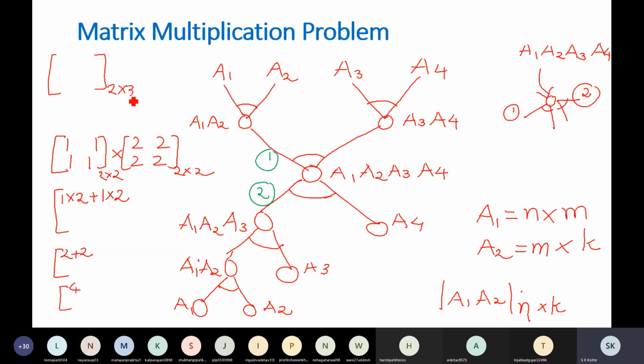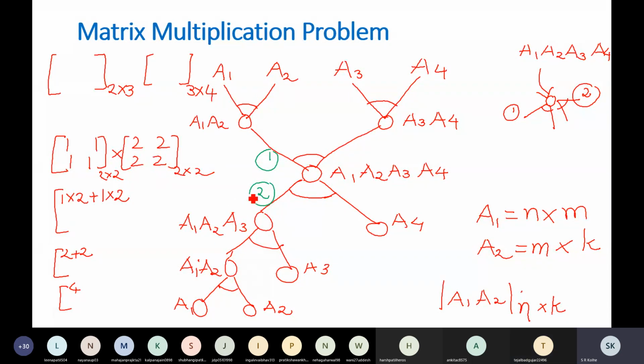Suppose this matrix is 2 by 3, and this is 3 by 4. Of course, we can multiply this. You can manually try to find it out.